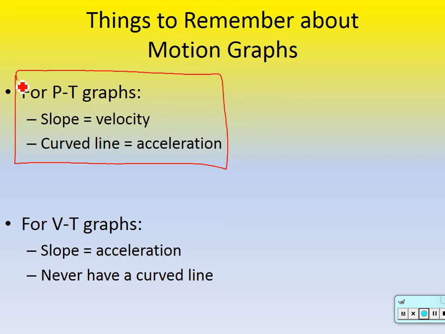For position time graphs, the slope tells you velocity. Curved lines tell you acceleration. Okay, that was for position time graphs. Take a second and write that down somewhere.